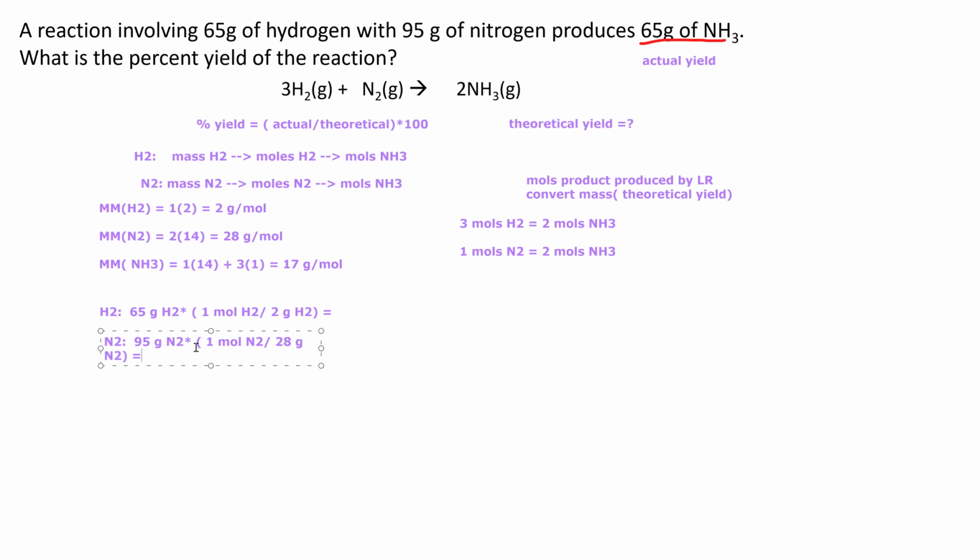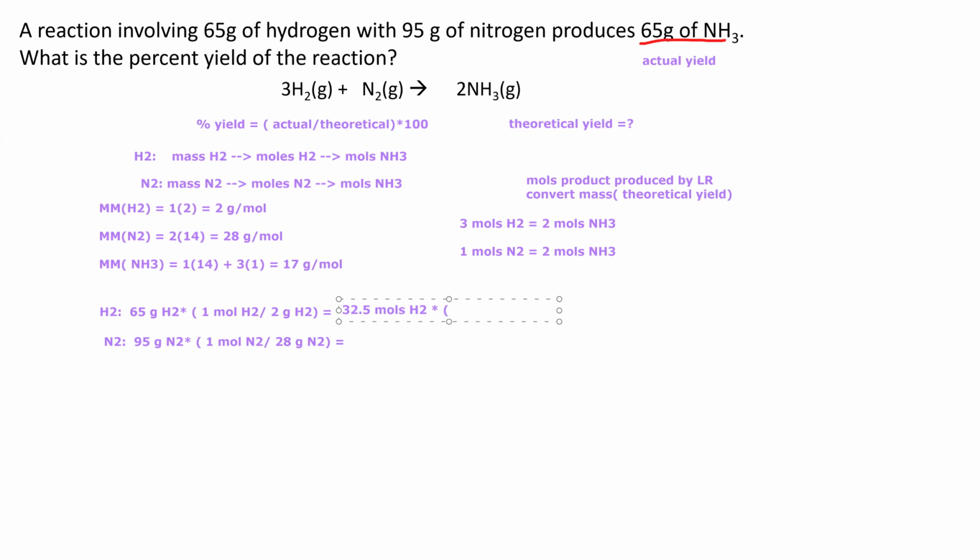This is step 1, converting the mass into moles. Let's go ahead and work that out. So we get 32.5 moles of H2. Then we're going to use the mole ratio to convert this to moles of NH3.